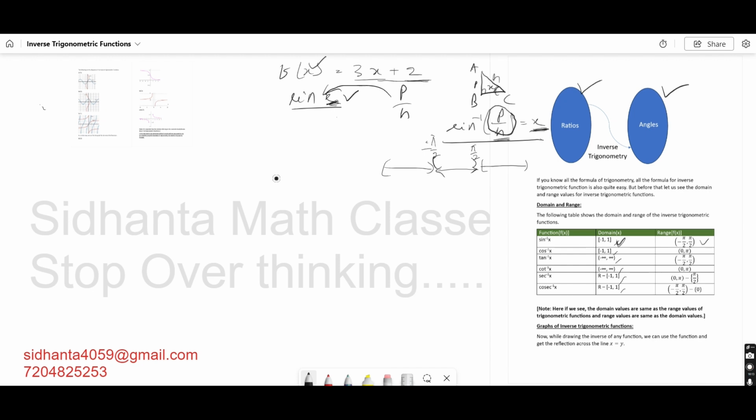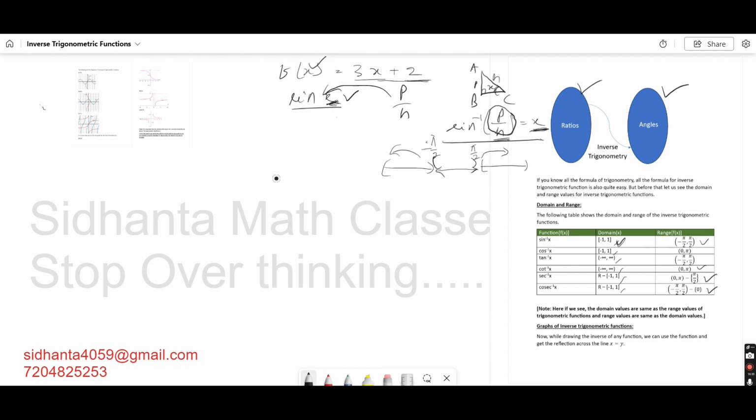That does not mean you can't go beyond this. You'll have other values as well, but we don't need them, because in between this we are going to get all the values. The same applies for cos, tan and cot also. So whatever you have learned for domain and range in trigonometry, the same is applied over here.